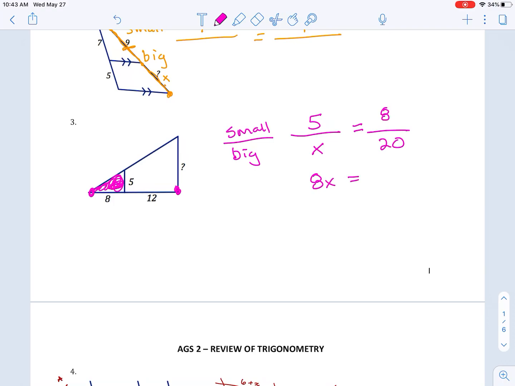And then you cross multiply. 5 times 20 is 100, and then divide both sides by 8. And 100 divided by 8 is 12.5. So x is equal to 12.5 in that one.